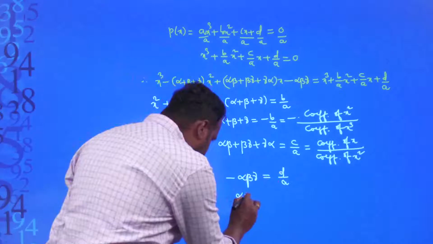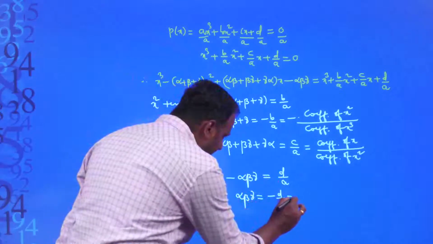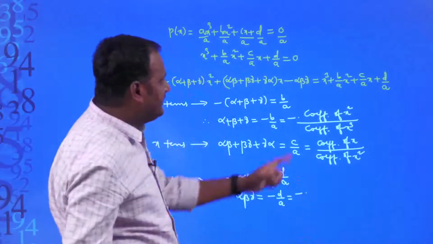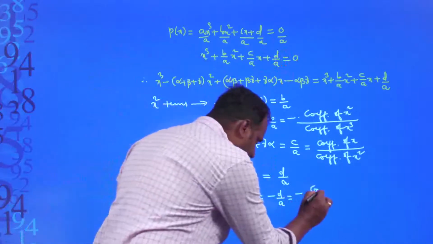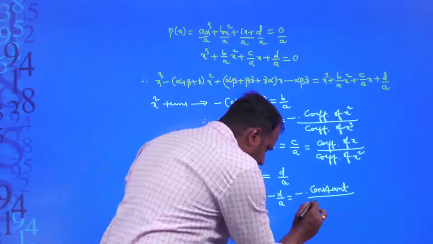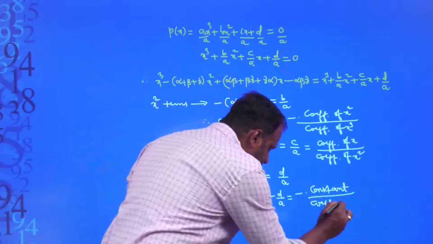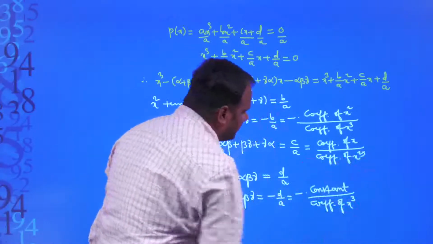Therefore, alpha beta gamma is equal to minus d divided by a, which is equal to minus, what is d here? d is going to be the constant. So minus constant divided by a, which is the coefficient of x cube, right? So here this is coefficient of x cube.